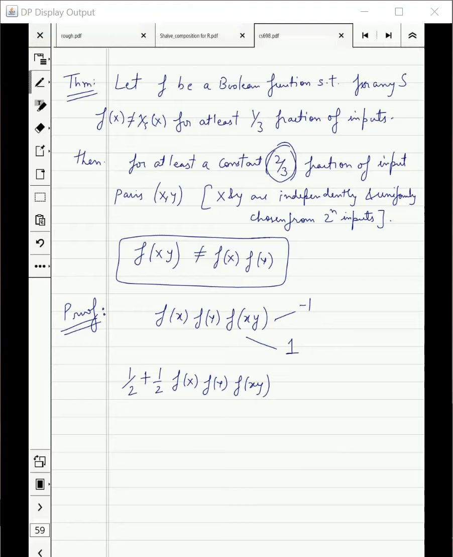F is outputting -1 and 1, so this quantity will be 1 if f(x) times f(y) is not equal to f(x+y) and 0 otherwise. You agree, correct? So when the function is far away from linear, the expected value of this quantity is actually my failure probability.